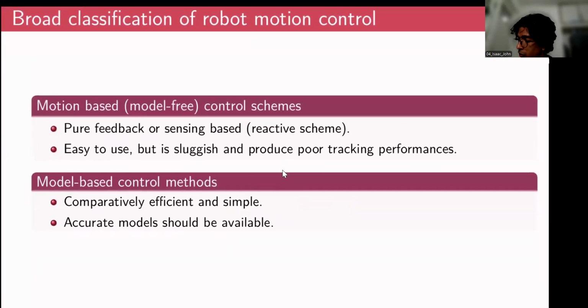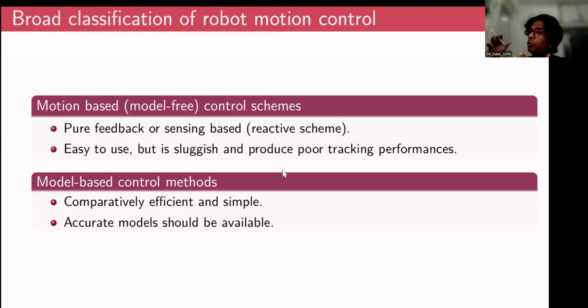So now we move on to a broad classification of motion controllers. It can be classified in two ways. The first one is called motion-based or model-free control schemes, where it does not rely on mathematical models. It purely relies on the sensor data, or the feedback.